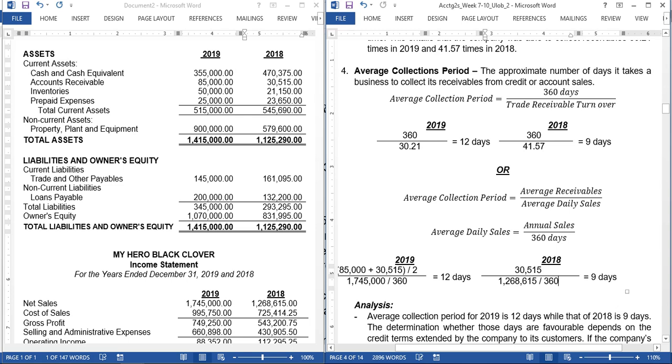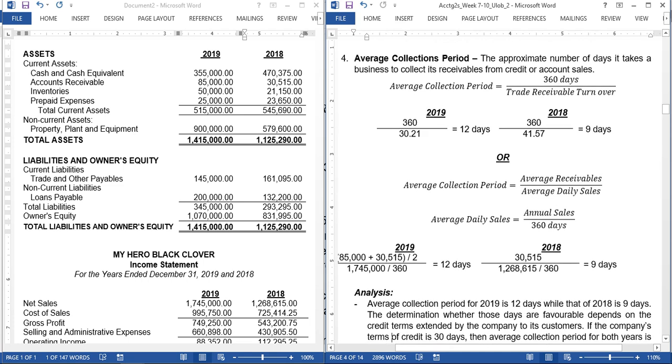Okay, either of these two formula, you can have the same result. So, as you can see, the average collection period is 12 days for 2019, while 2018 is 9 days. So, the determination whether those days are favorable depends on the credit terms extended of the company to its customer.